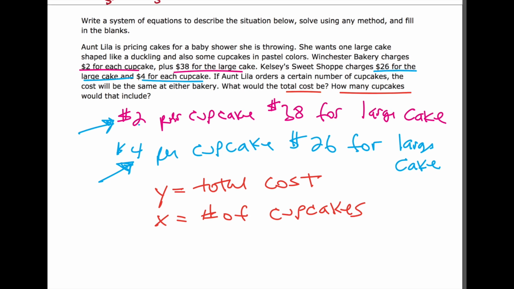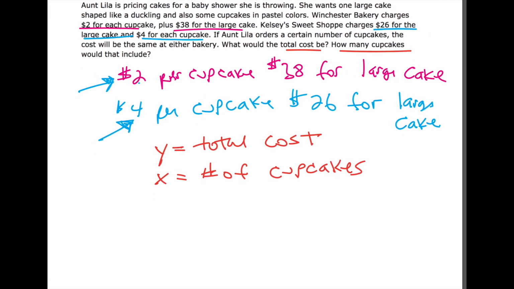Okay, for the first situation, the cost, which is y, is going to be $2 per cupcake times x number of cupcakes plus the flat rate of $38 for a large cupcake.